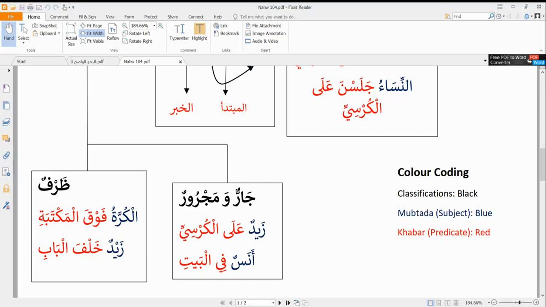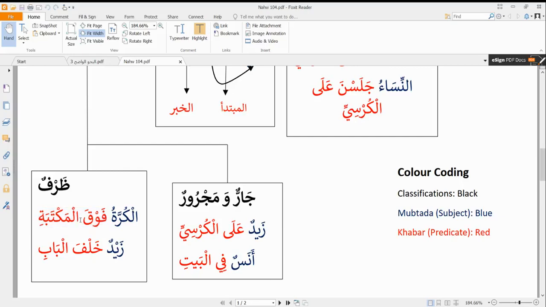Maktab is desk, maktabati is library. So we can see that our mubtada is al-kurratu, the ball, but our khabar is this entire shibhu jumla, which is not a complete sentence. That is fawqa. Our khabar is just the zarf.